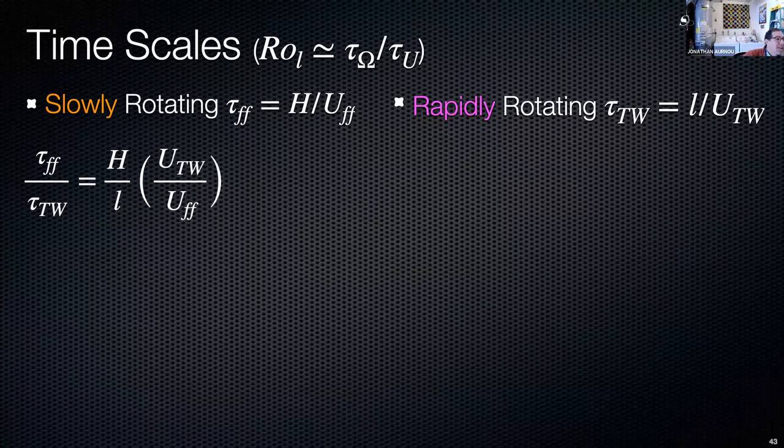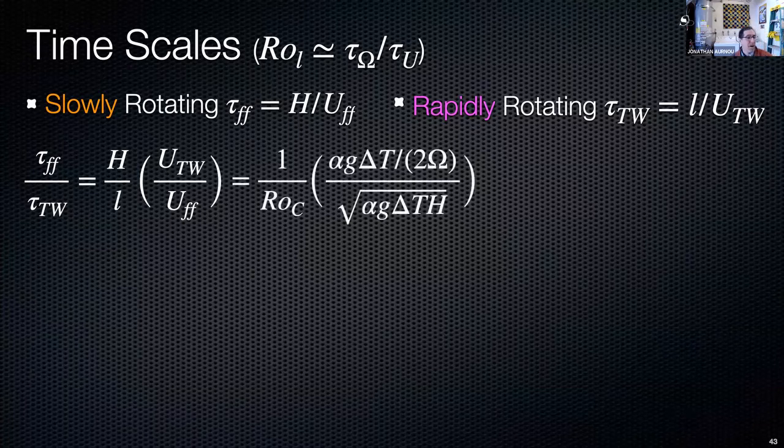Now let's plug in for U thermal wind and U free fall, and you get this. h over L, we've shown before in the rapidly rotating framework, is 1 over local Rossby, which is 1 over convective Rossby, right? They're the same. So on the left, h over L I'll turn into 1 over convective Rossby. Now let's look at the velocities inside the parens.